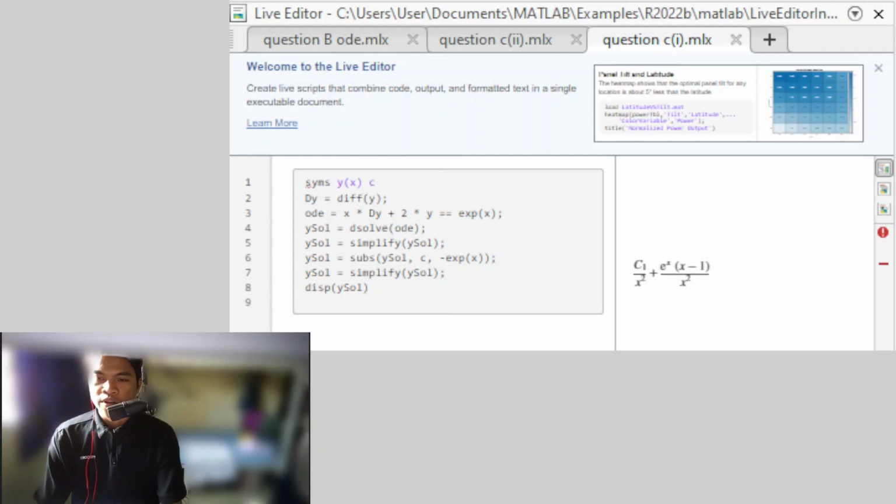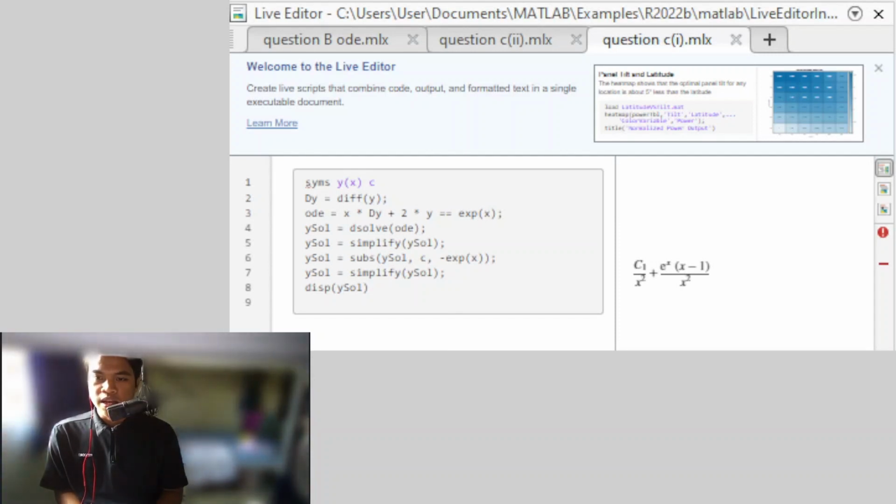Okay, I will explain simulation question C1 line by line. The first line is syms y(x) c, which defines the symbolic function y(x) and a symbolic constant c. The second line, dy equals diff(y), calculates the derivative of y(x) and assigns it to dy.